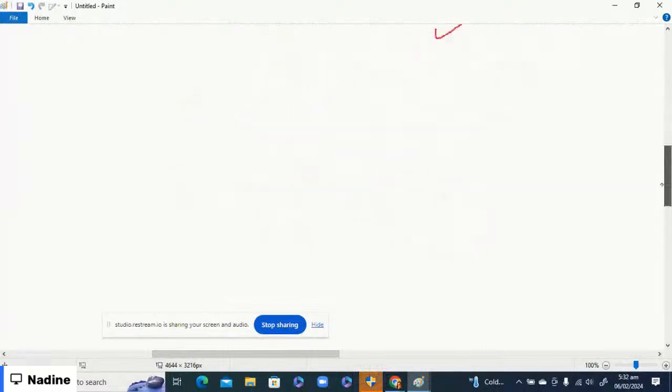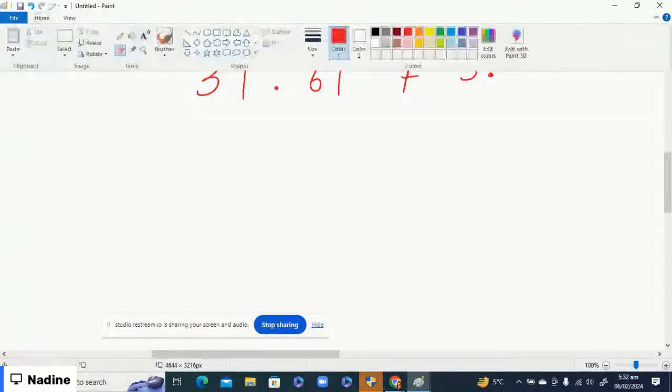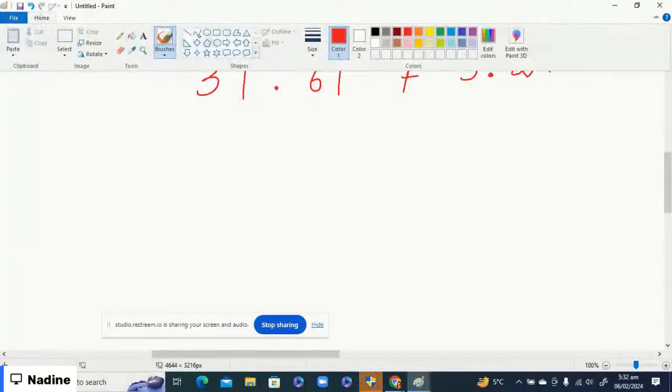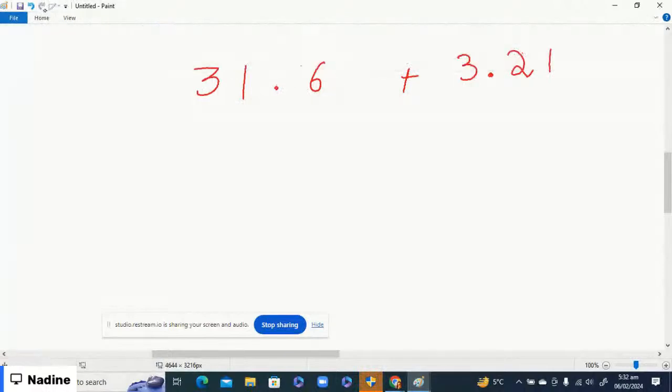let's do one more question. For example, if I'm going to write it here, 31.61 add up with 3.21. Okay, and here there is no digit, here there is only 31.6.